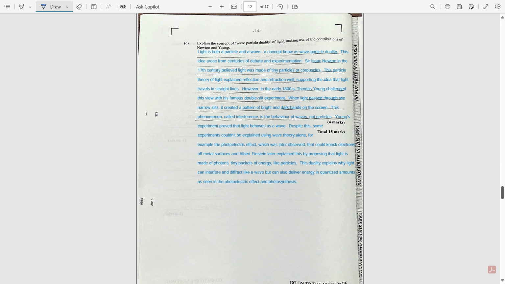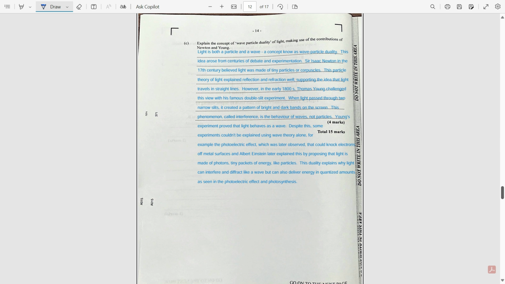Sir Isaac Newton in the 17th century believed light was made of tiny particles or corpuscles. This particle theory of light explained reflection and refraction well, supporting the idea that light travels in straight lines. However, in the early 1800s, Thomas Young challenged this view with his famous double slit experiment.